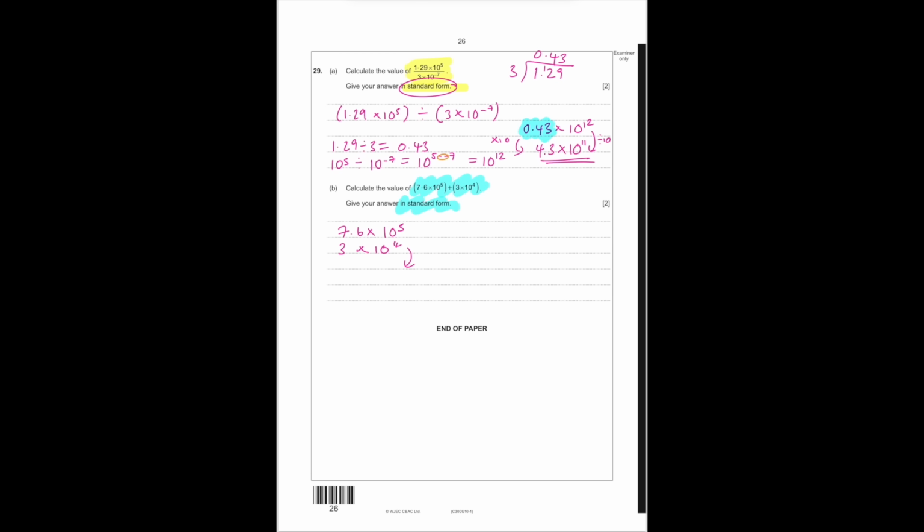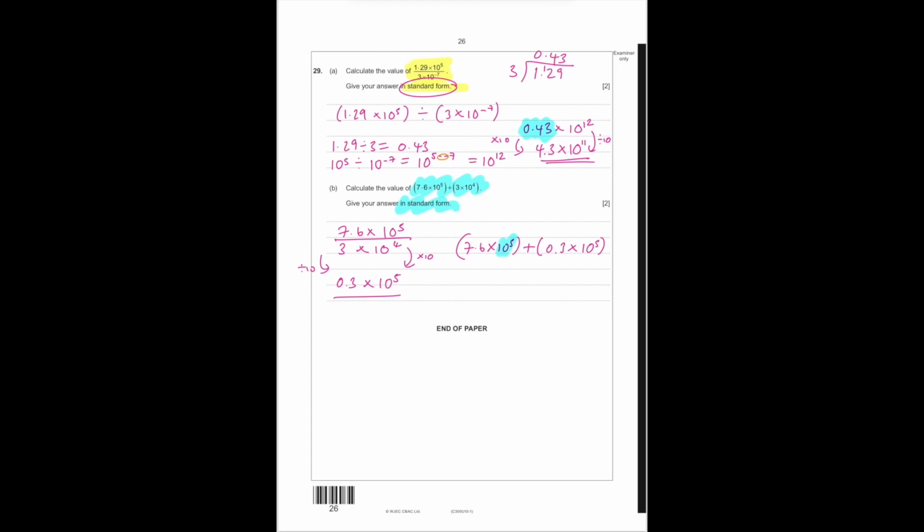To be 10 to the power of 5, I would need to multiply by 10 here, which means I need to divide by 10 here. So 0.3 times 10 to the power of 5. So now what I'm doing is 7.6 times 10 to the power of 5 plus 0.3 times 10 to the power of 5.